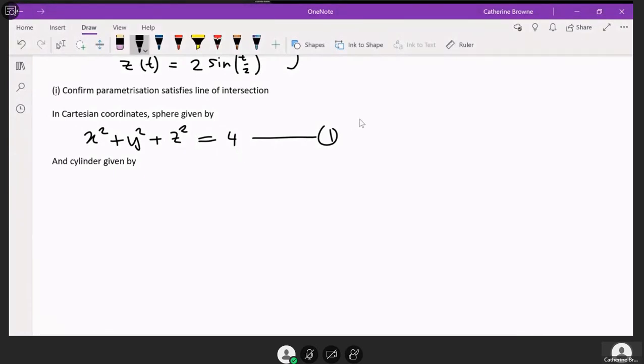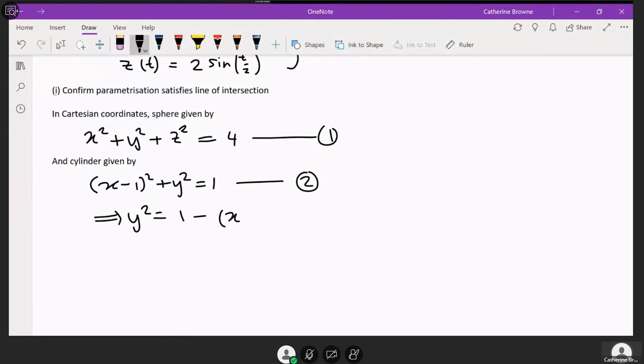And the cylinder is given by, as above, so we'll call that equation 2. So we can rewrite that as y squared is equal to 1 minus (x minus 1) all squared.